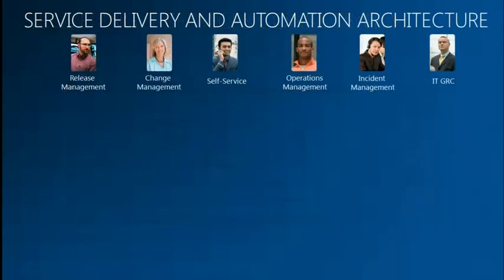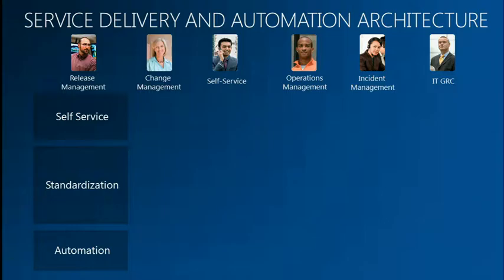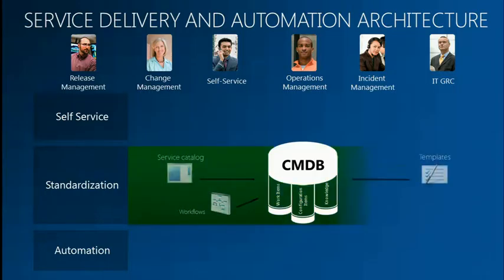Yes. So let's look at an architecture of how this all fits together. We talked about standardization, self-service, and automation. How this comes together from a technology standpoint is in a couple of areas. First off, at the standardization layer, we think about and articulate the CMDB, or Configuration Management Database.